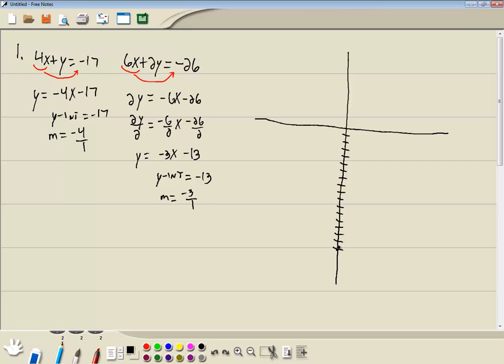Okay, so y-intercept is down here. Now from there, we're going to use our slope to get the next point. Negative 4 over 1, that means go down 4, right 1. Negative up on top means down, and a positive down below means right. So I got 1, 2, 3, 4. So I go down 4, right 1. And that's where I put my second point. And then draw a line between them as well as I can.